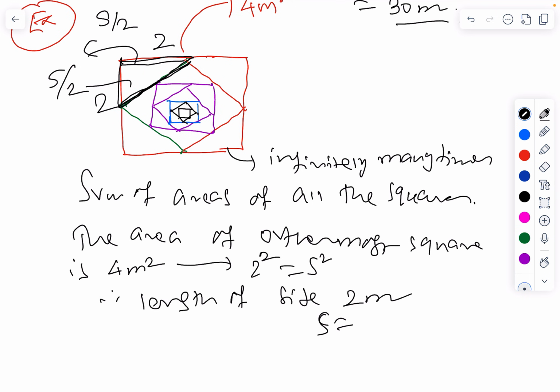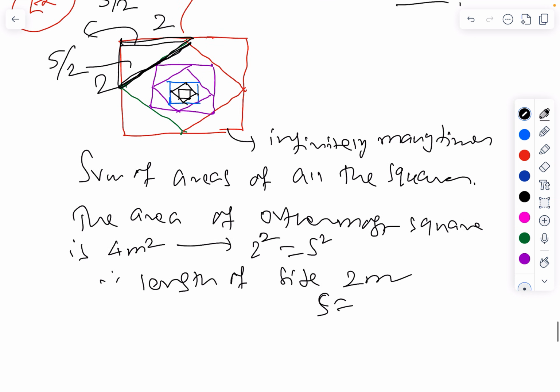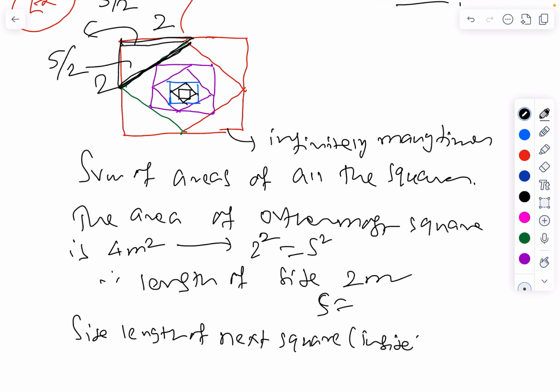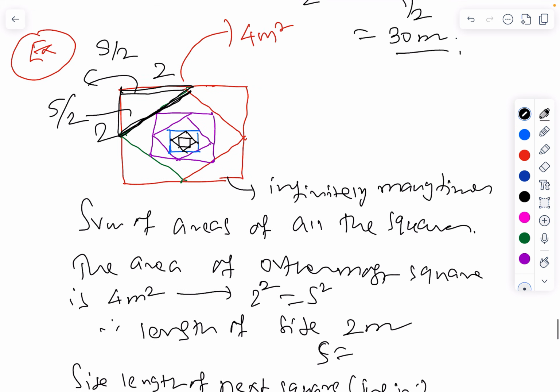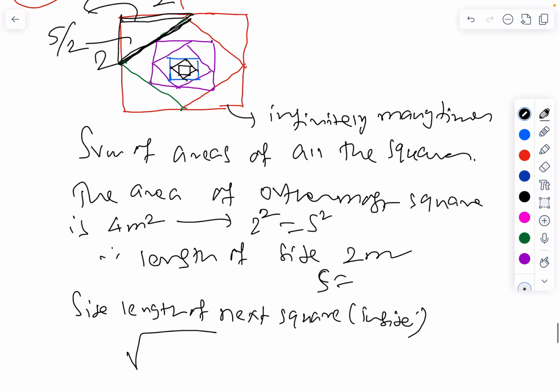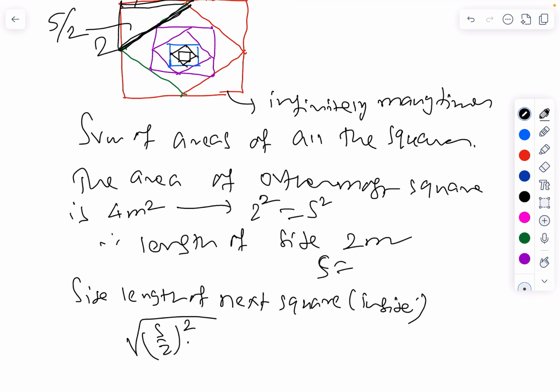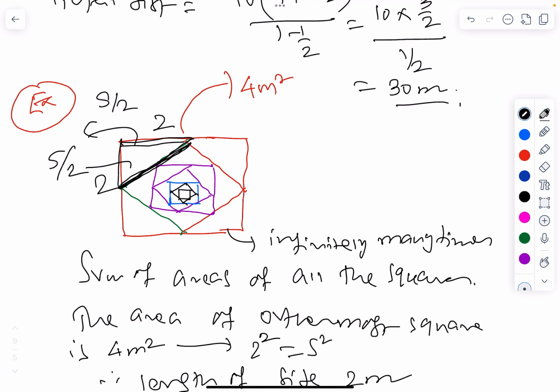So I can find the side length of the next square inside by the Pythagoras theorem. That length is the root of S by 2 squared plus S by 2 squared, because this becomes the hypotenuse with a 90-degree angle here.